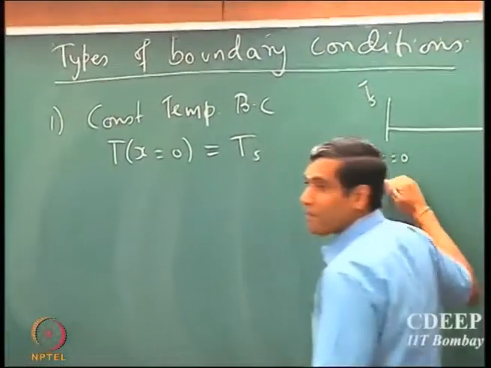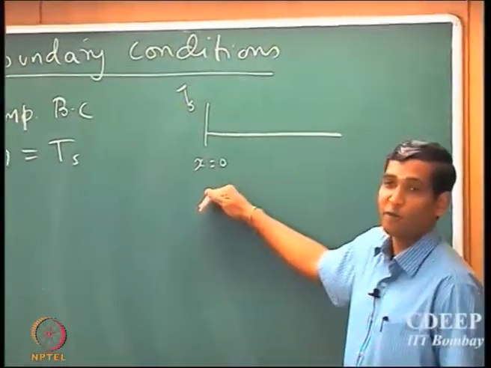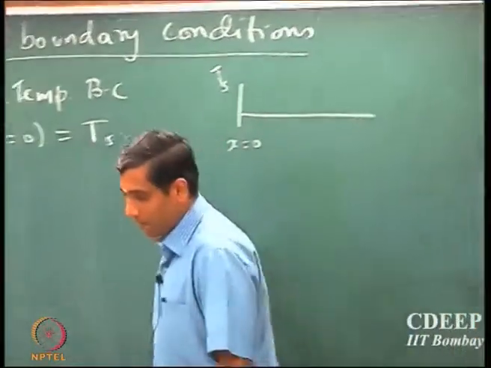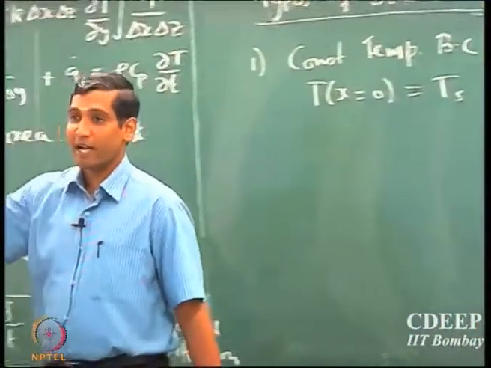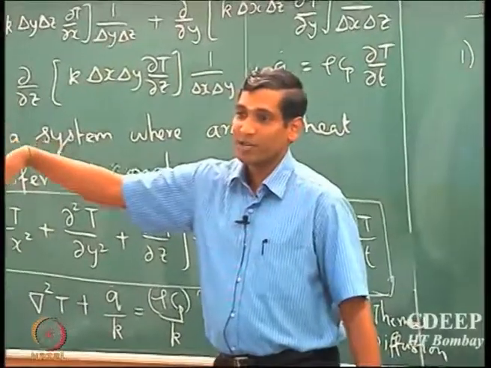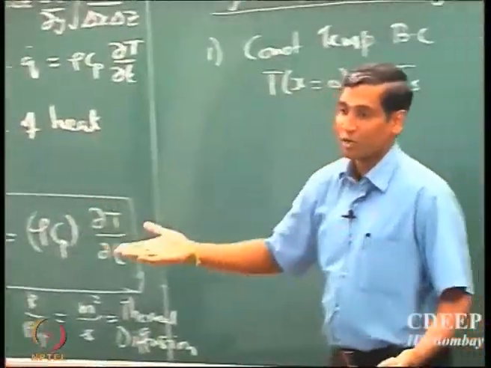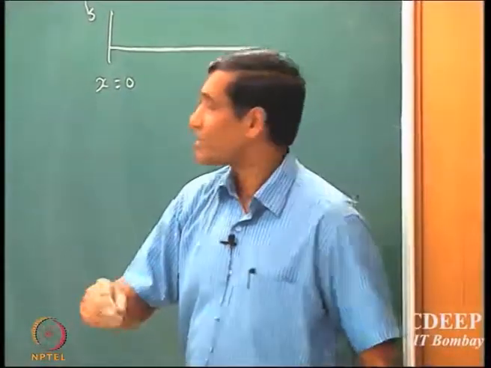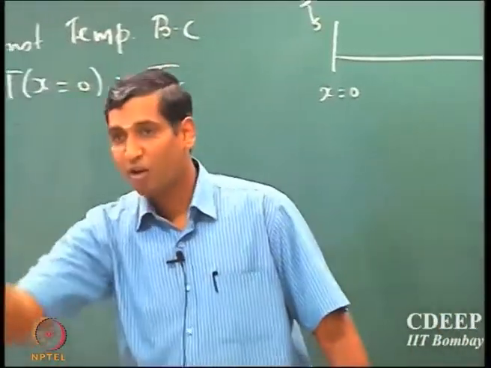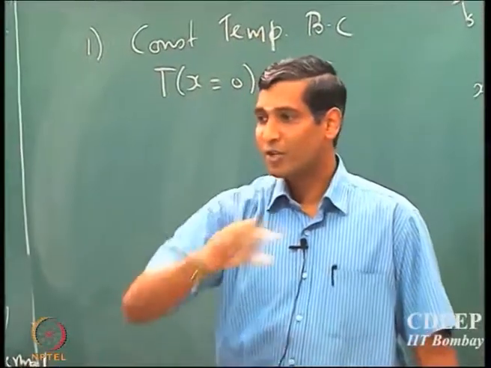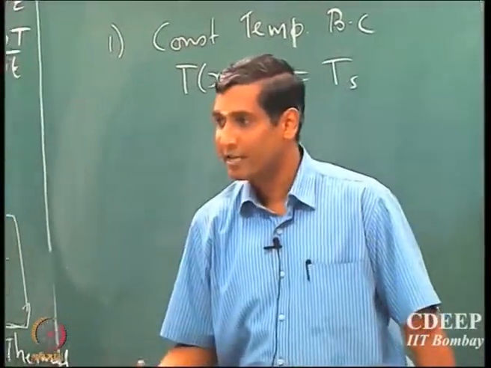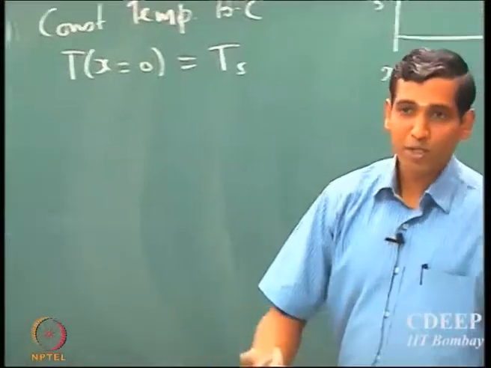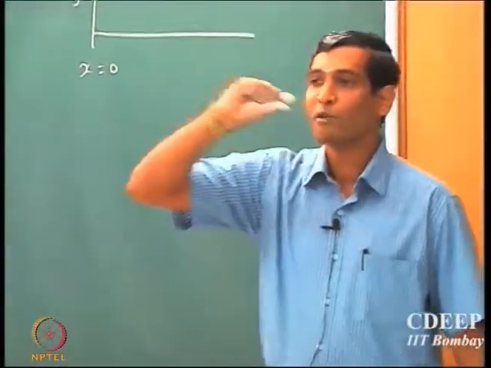So, there are several examples of this. Supposing, let us say you have a water geyser, right. We have geysers at our residence in our bathroom where we get hot water. The way the geyser works is there is a heating coil which is electrically heated, and there is a thermostat which maintains a certain temperature of the heating coil.